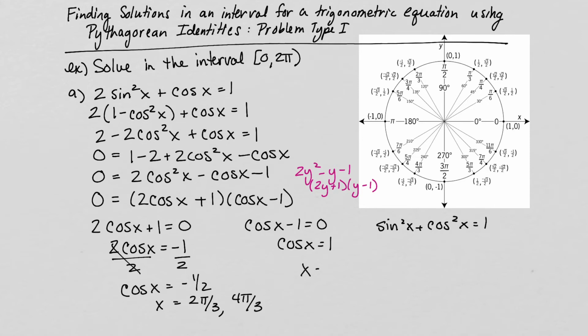And the cosine of x is going to be equal to 1 when x is equal to 0. And so we're going to pick 0 rather than 2 pi because the 2 pi is not included in our interval. We're going up to 2 pi, but we're not including it.